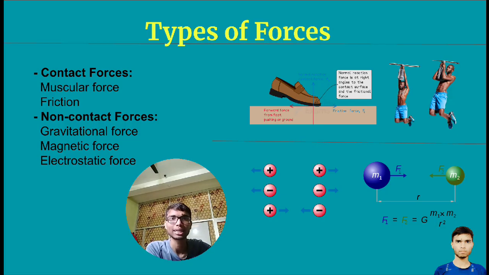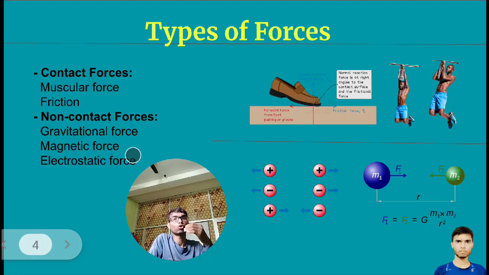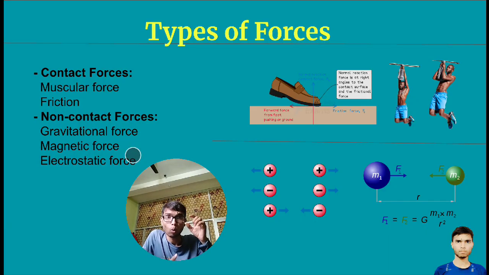Next is magnetic force. We should have a magnet. Right now I don't have a magnet, but I can explain it to you very carefully. The work of a magnet is to attract or repel. But remember, a magnet will attract magnetic material.